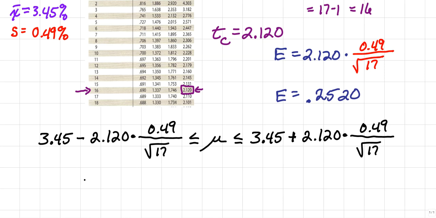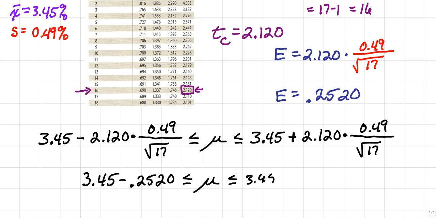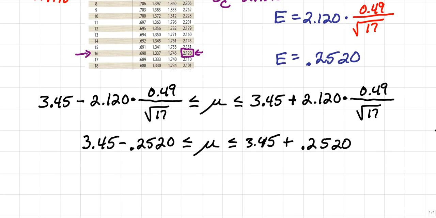So that would be equivalent to 3.45 minus 0.2520 less than or equal to mu less than or equal to 3.45 plus 0.2520, which is going to give us the following values.